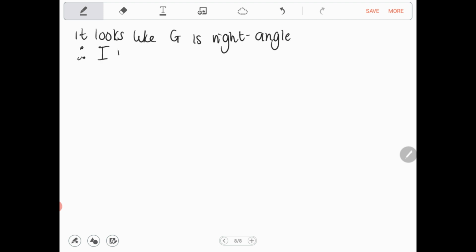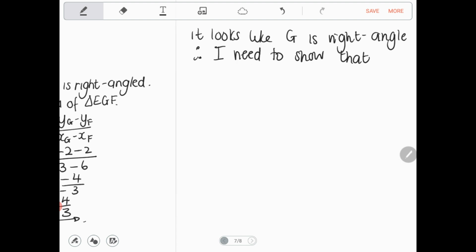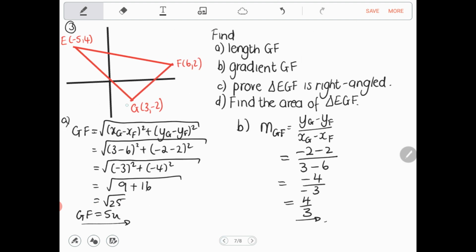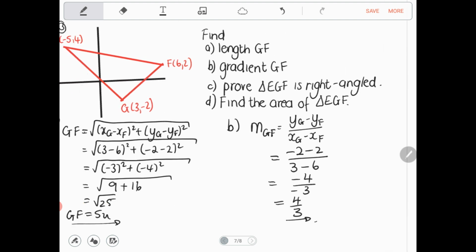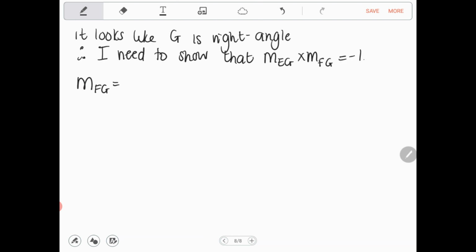Therefore, I need to show that EG's gradient times GF's gradient is equal to -1. Okay, I already have the GF gradient. So the gradient of GF was 4/3.